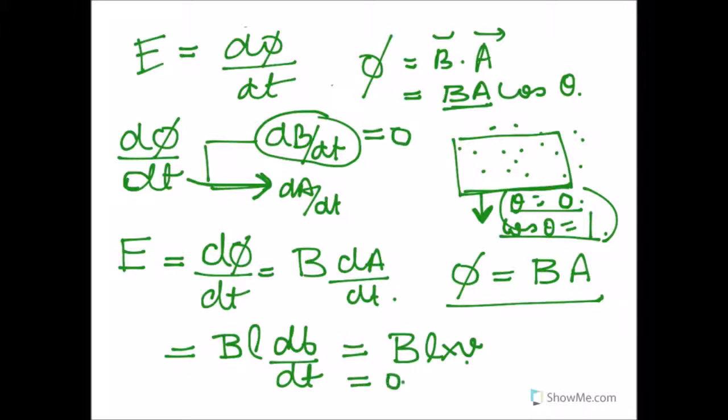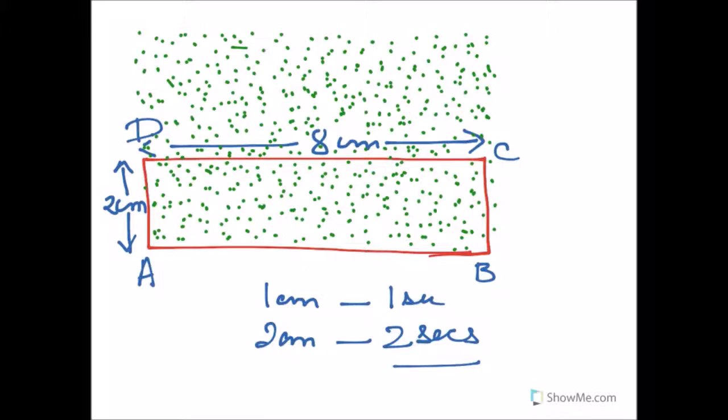If we put the value of B as 0.3, length as 8 by 100 and velocity as 1 by 100, we get 2.4 into 10 to the power minus 4 volts, which is your induced EMF.